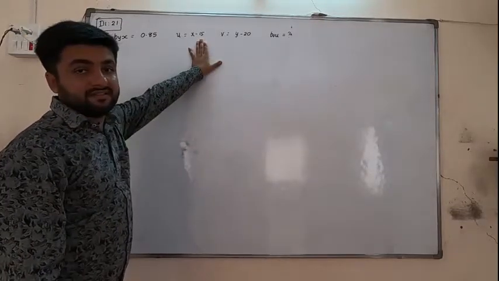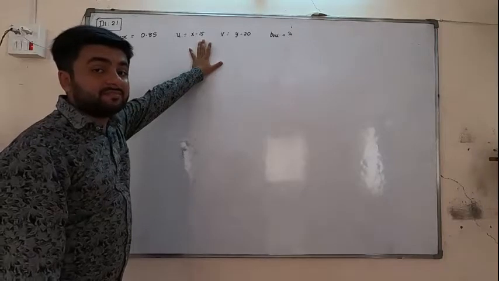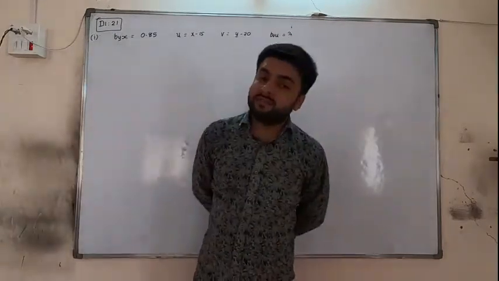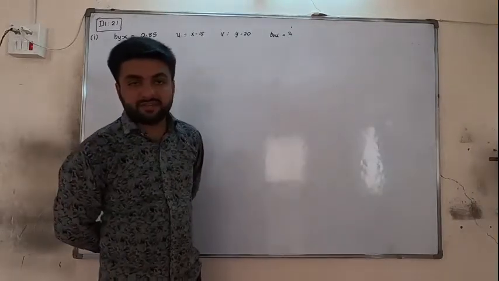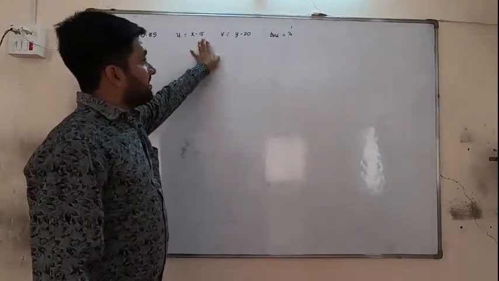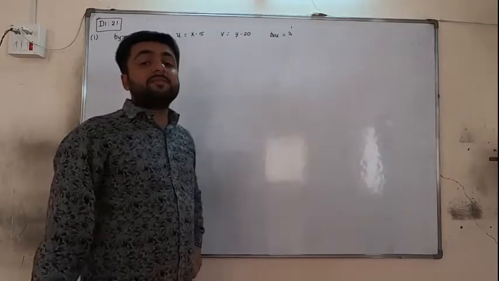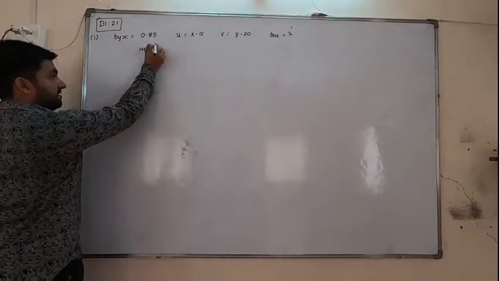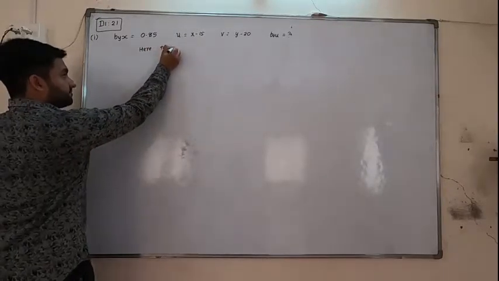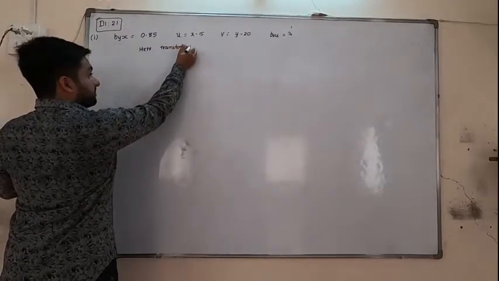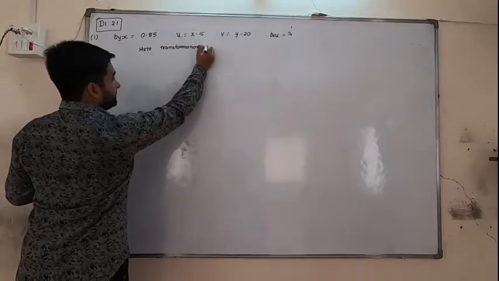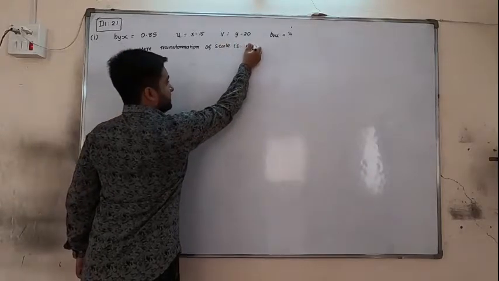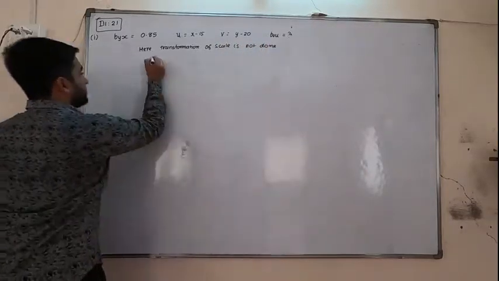Why? Because nothing is divided or multiplied. Normally in scale transformation we only divide, but we can multiply some of the terms also if required. So whenever nothing is divided or multiplied, scale transformation is not there. First we write here: transformation of scale is not done.